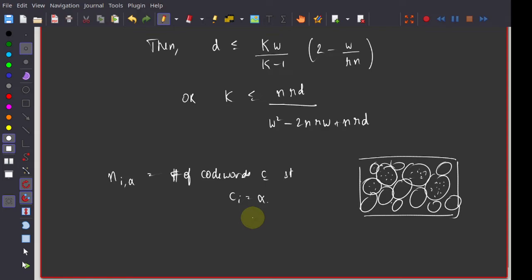But now I need to somehow adapt this to the case where I have a Hamming weight. So what do I know? Once again I have the summation over alpha of n_i,alpha. So what is this equal to? It's equal to K, right? The total number of code words.